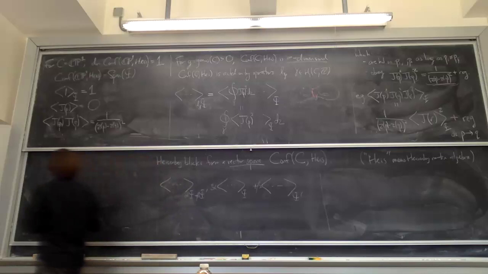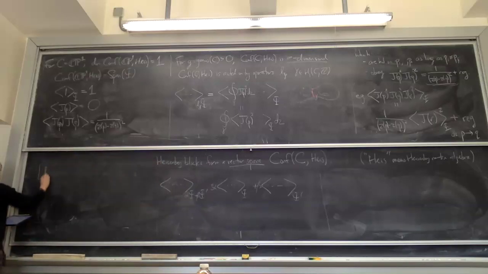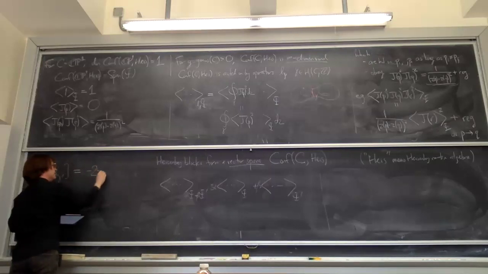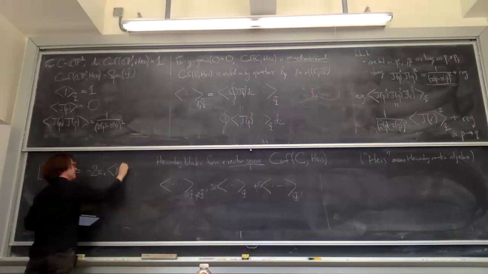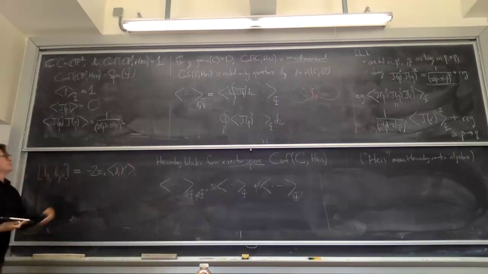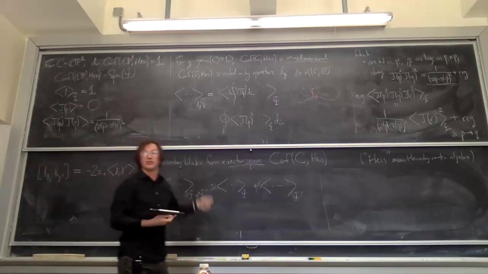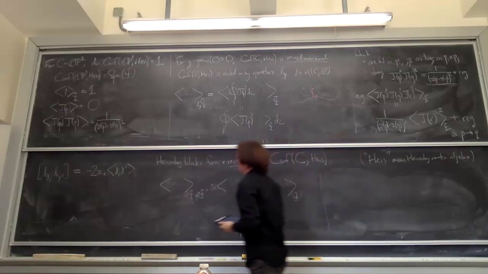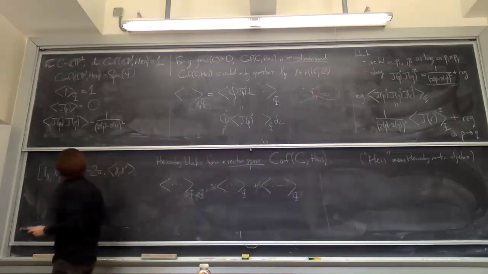So what it turns out is that the operator associated to gamma and the operator associated to gamma prime fail to commute by the intersection number of gamma and gamma prime. Maybe it's not too surprising: if they're disjoint loops, then they commute. But you can see there's some potential issue when the loops intersect.